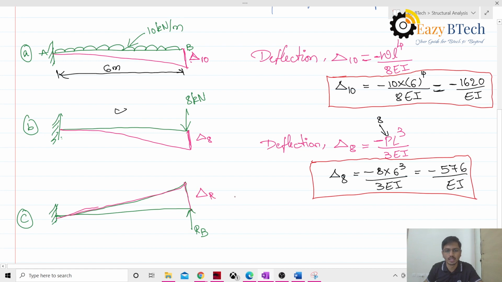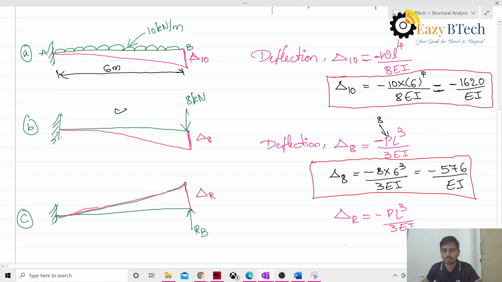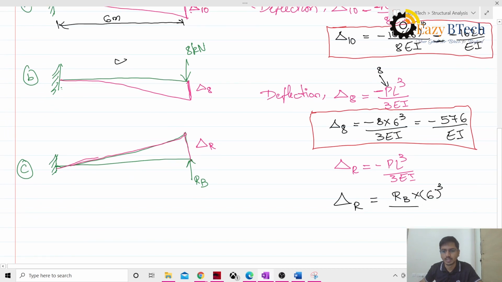I will represent it by delta R. Delta R is given by the same thing, P L cubed by 3EI. Substituting the values, instead of P I'll write RB, L is 6 cubed by 3EI.